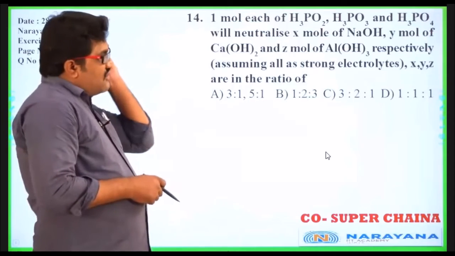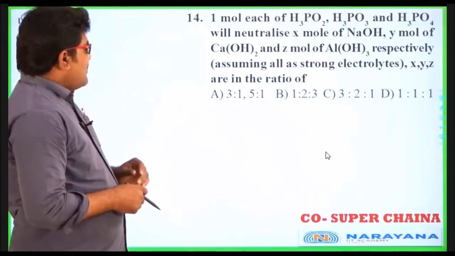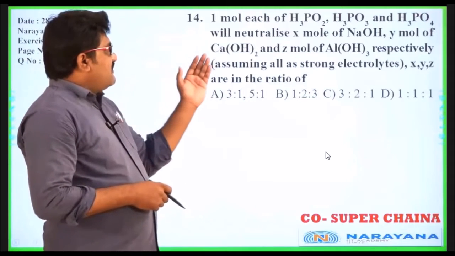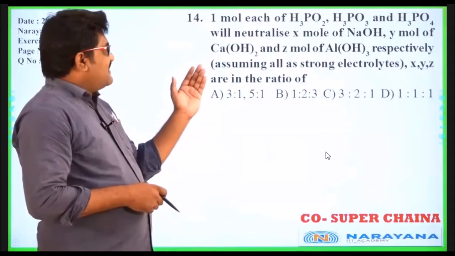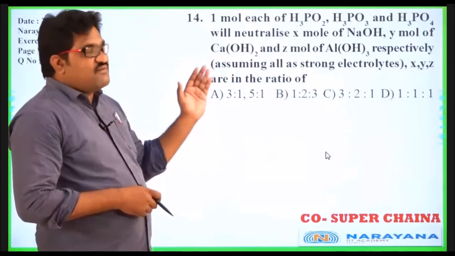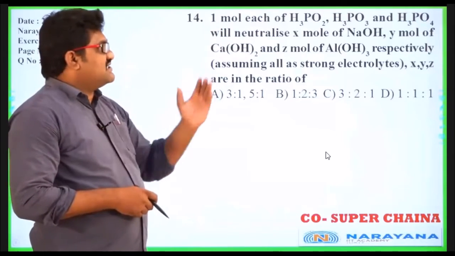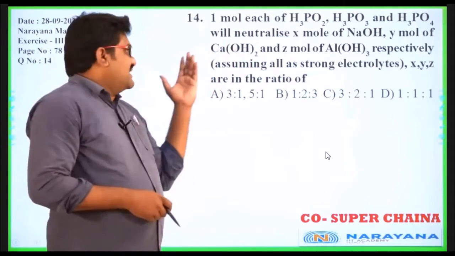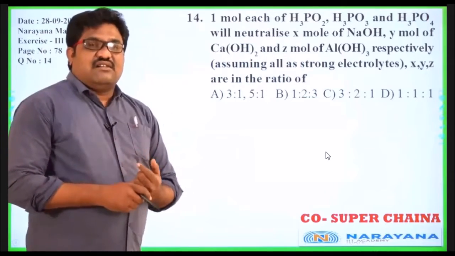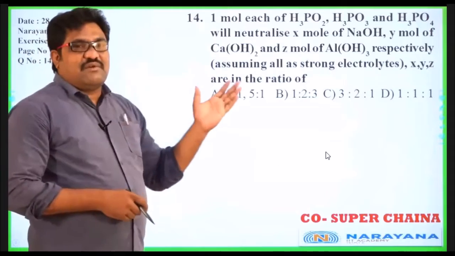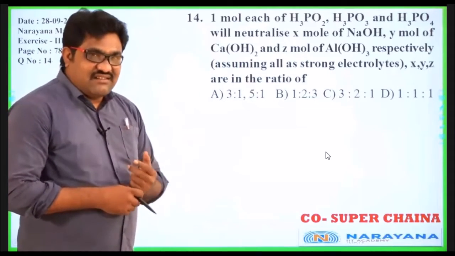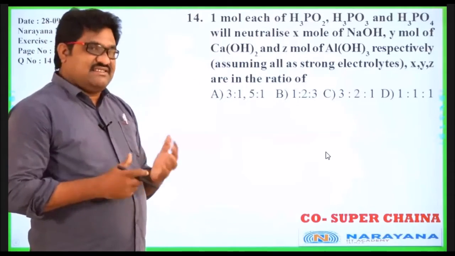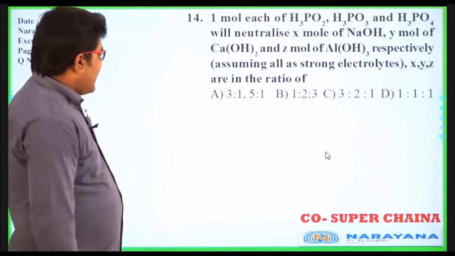So, the ratio of the number of moles required for the neutralization of 1 mole each of H3PO2, H3PO3 and H3PO4 by the NaOH, calcium hydroxide and aluminium hydroxide, X, Y, Z, and he is asking the ratio between X, Y and Z.